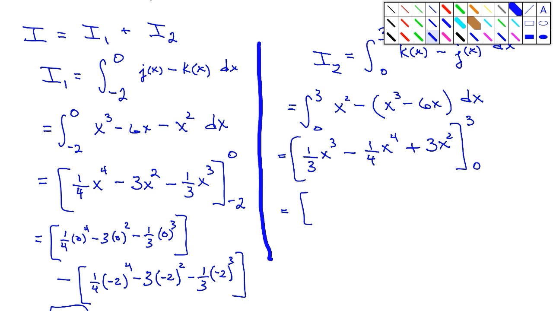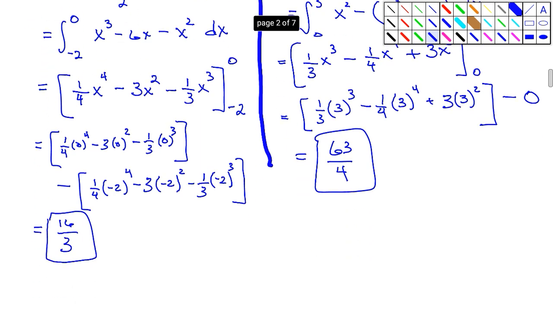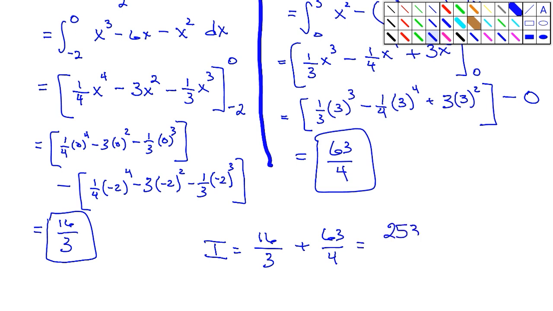So this is equal to 1/3 times 3 cubed minus 1/4 times 3 to the 4th plus 3 times 3 squared minus 0. Evaluation of 0 in a polynomial is 0. And that is equal to 63/4. And then we put it all together. So the total area is 16/3 plus 63/4, which is equal to 253/12.